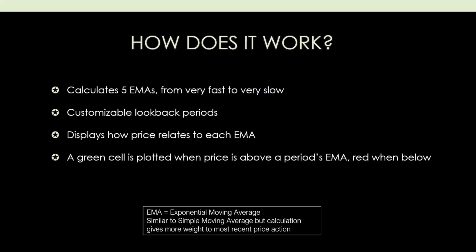Each square represents the current price's position relative to one of these 5 exponential moving averages. If the current price is above that EMA on that bar, say the very short-term exponential moving average, then the square for that period will be represented as green. And if it's below that EMA for the current bar, it'll be drawn red.